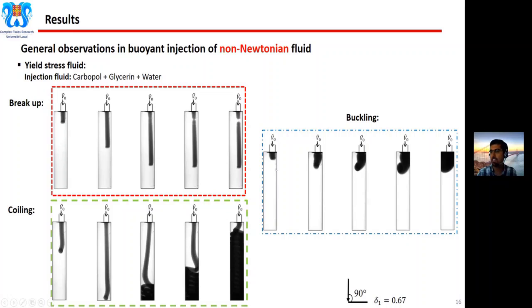If we increase the flow rate more, because the pressure and stress in the system increase, buckling of the fluid occurs and the inlet area is blocked by the heavy fluid. These are the results that we have seen for the first time.